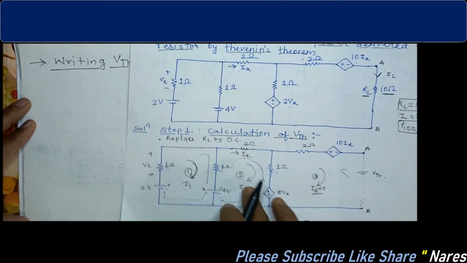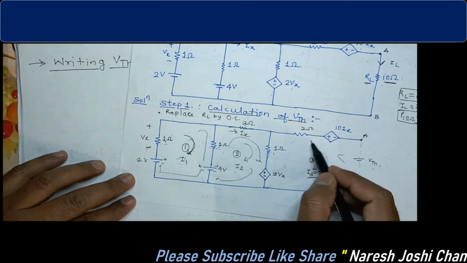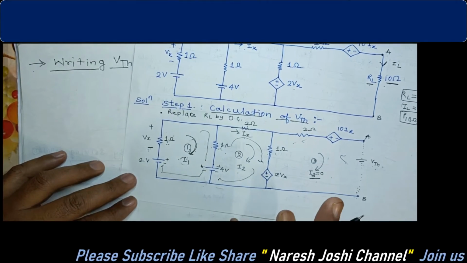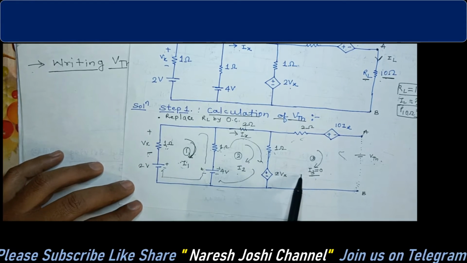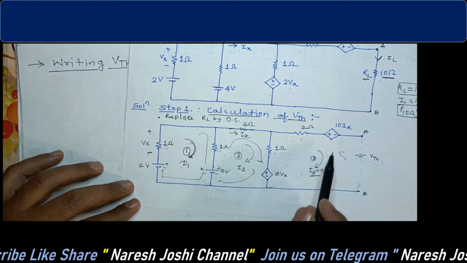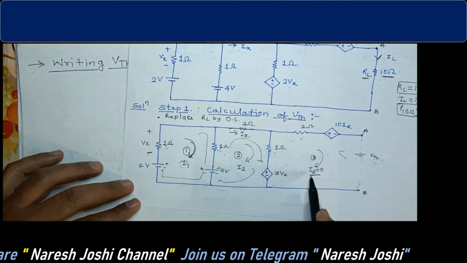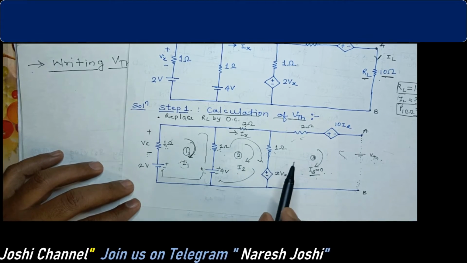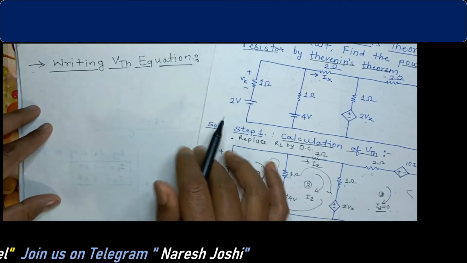So for this circuit diagram, you have to write down the VTH. Here we have considered I3 equals to mesh 3 as a virtual mesh, and this is the reason, to calculate the VTH.